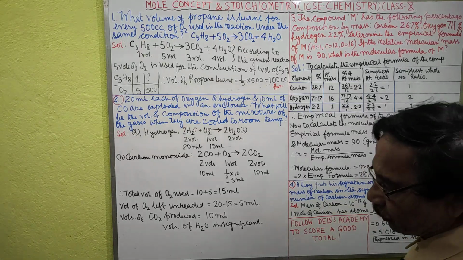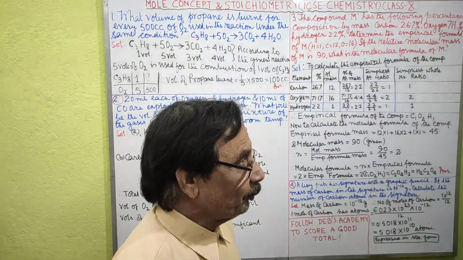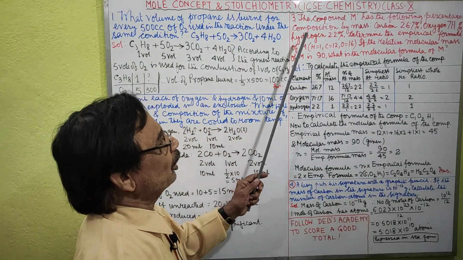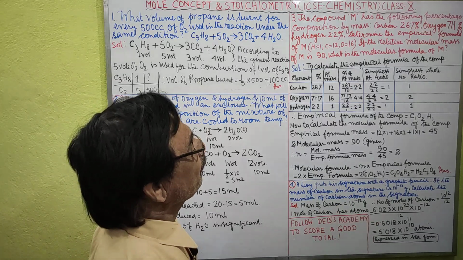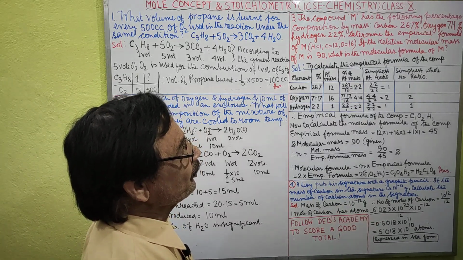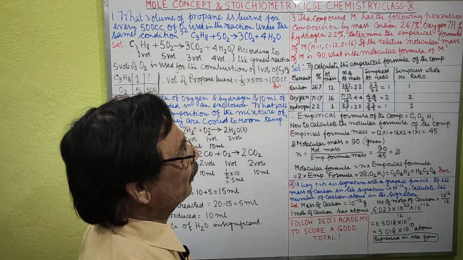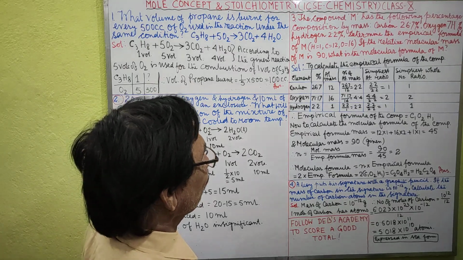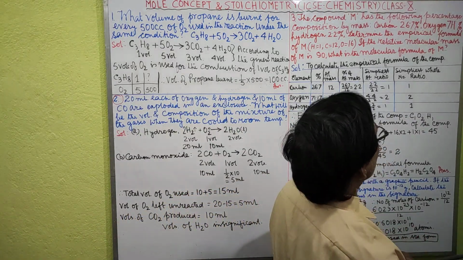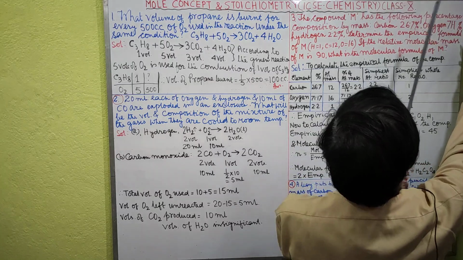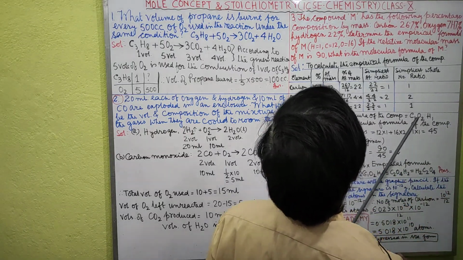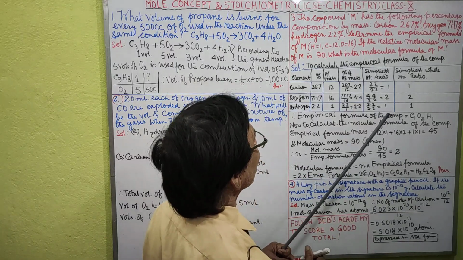Next, from stoichiometry, you have to find out this. The compound M has the following percentage composition by mass: carbon 26.7%, oxygen 71.17%, and hydrogen 2.2%.